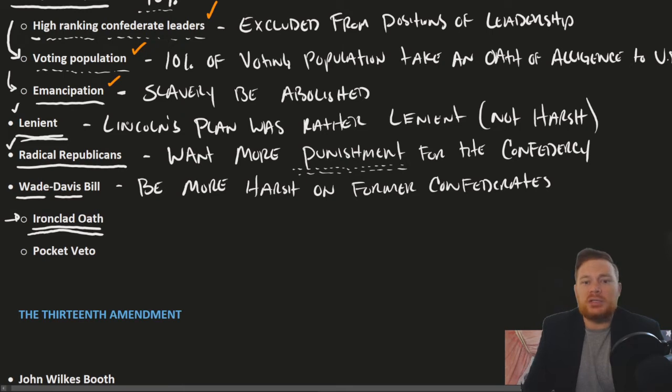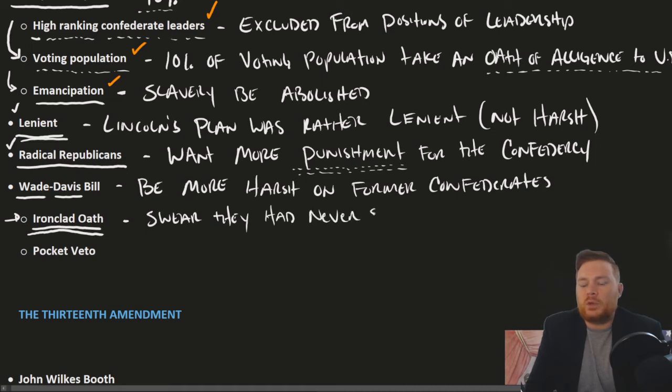In Lincoln's plan, initially it was just an oath of allegiance to the United States. The ironclad oath required people to swear they had never supported the Confederacy, never supported the South, right?